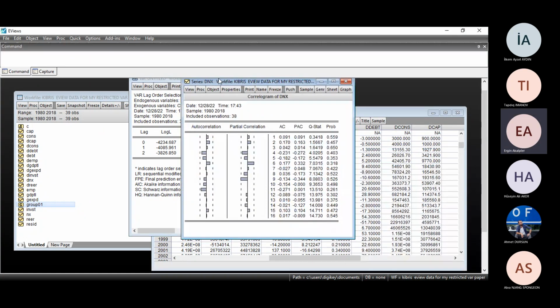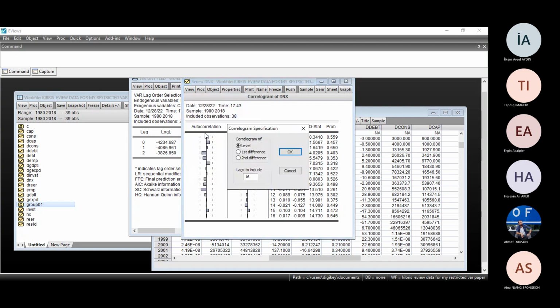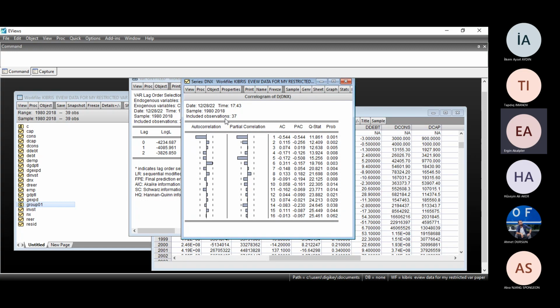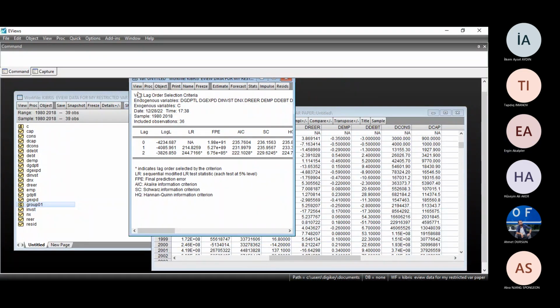Here, as you see, it is stationary for the GDP, because it is the first difference. When we take the level, it is not stationary, as you see. Therefore, we will accept the first difference for the D NX, where it is the net export at level.